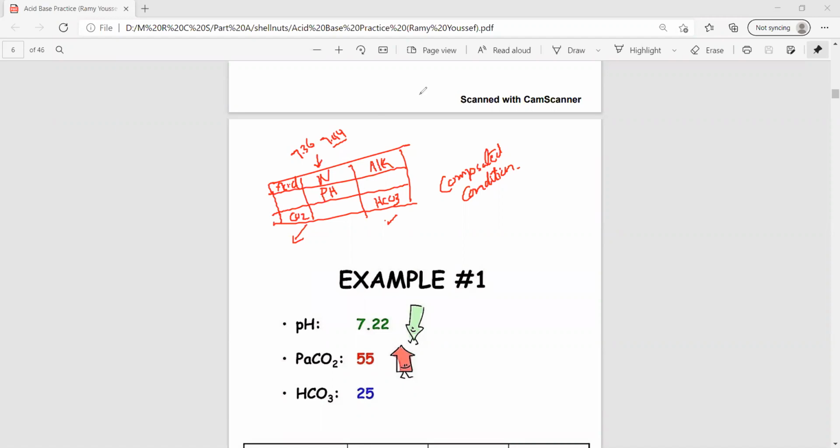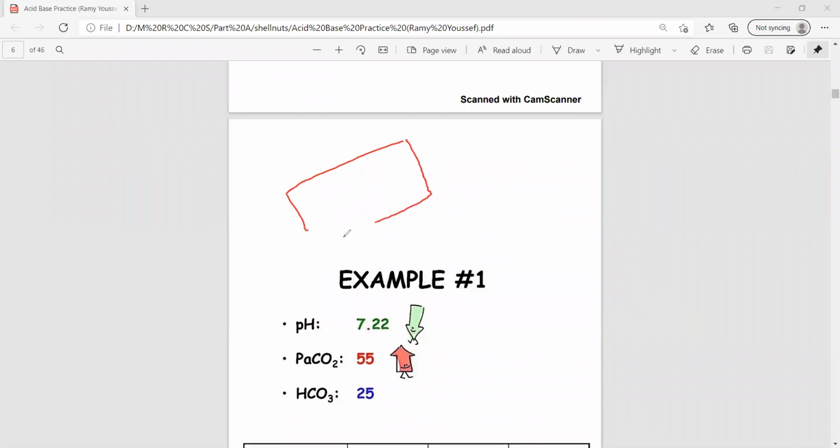Okay. Again, I have this one. Acidosis, normal, alkalosis. And I found the pH here, and HCO3 here, and CO2 here.